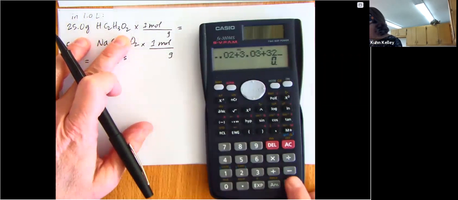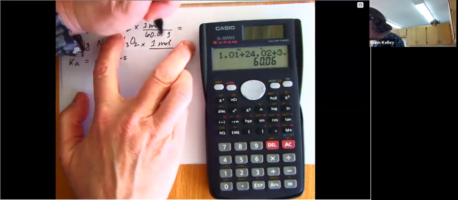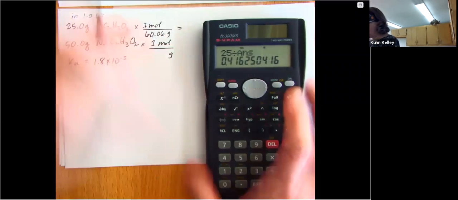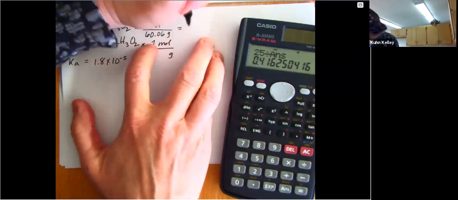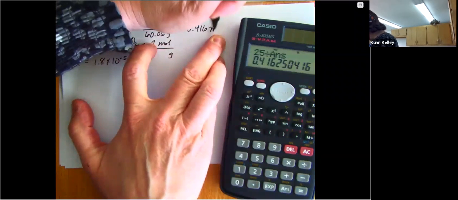When I add those up, I get a molar mass of 60.06. So 25 divided by that molar mass tells me that I have 0.416 moles of my acid.